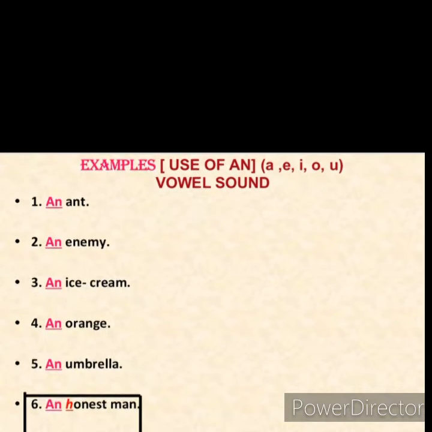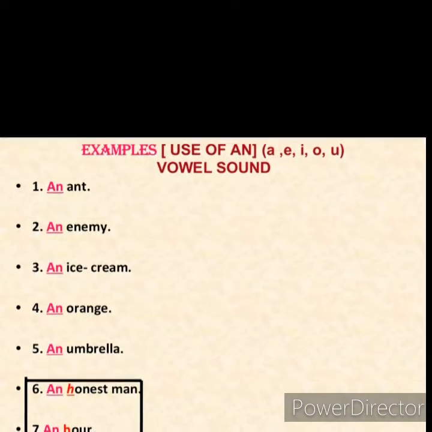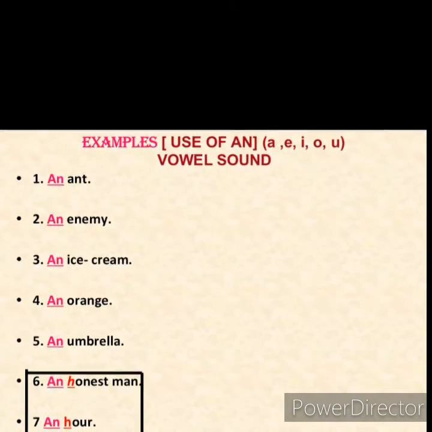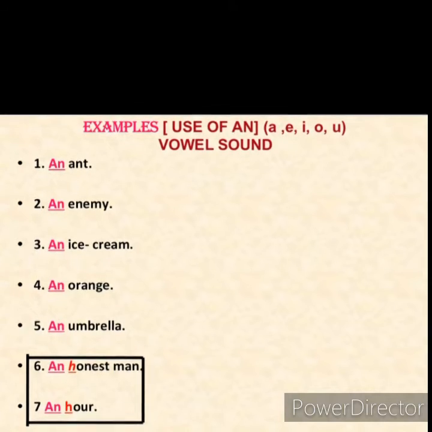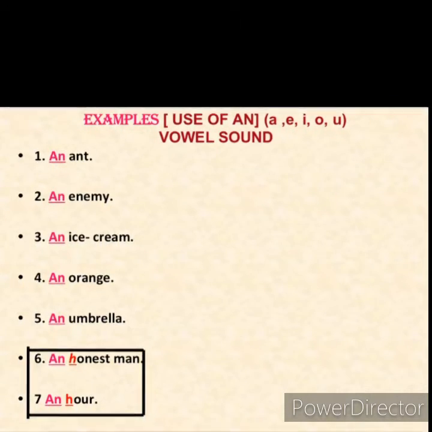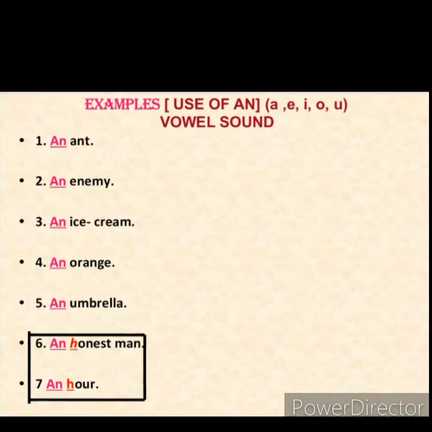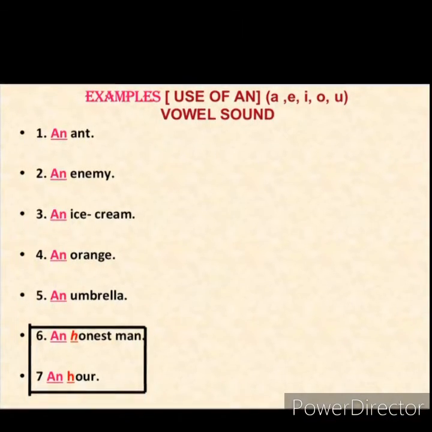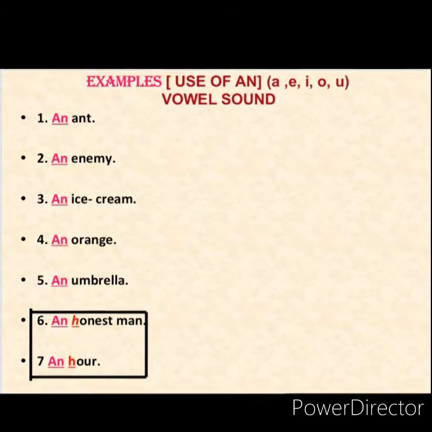Now notice the words hour and honest. In both these words, H is silent. So hour and honest start with a vowel sound. That is why we have used article an.